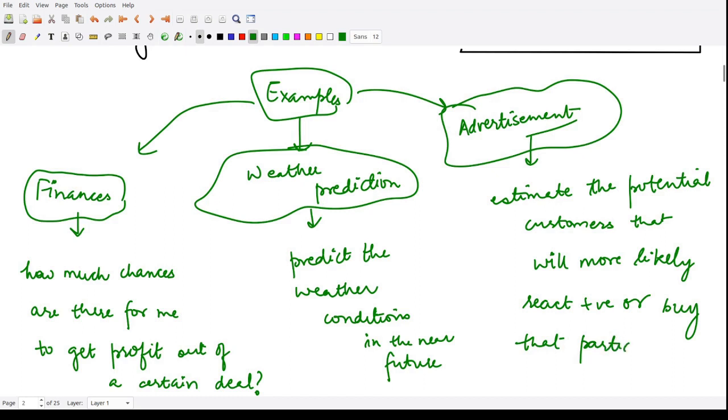Right? So it is very beneficial for the companies to have an analysis before launching or advertising a certain product, that particular product. Right? So this is what we have.